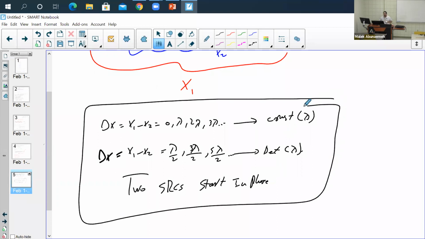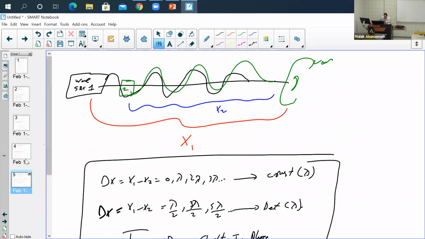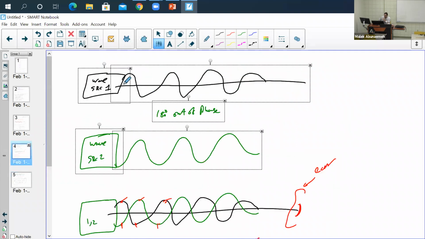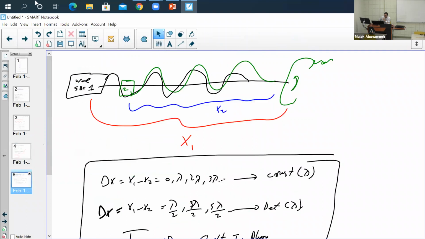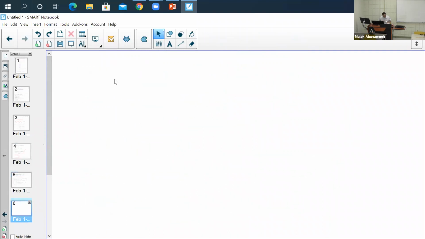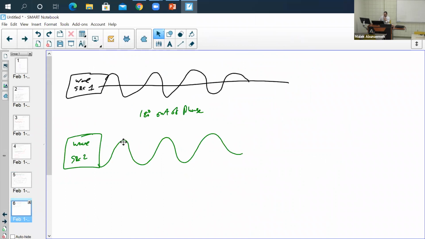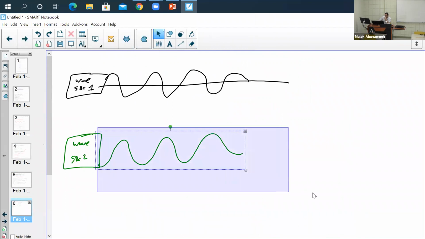Okay, well, let's say we have two sources that do not start in phase. It'd be easier if I copy this. So this is not in phase.